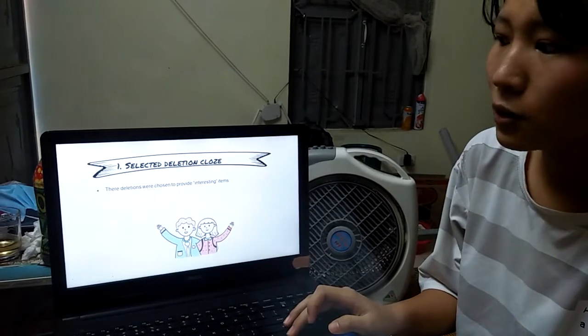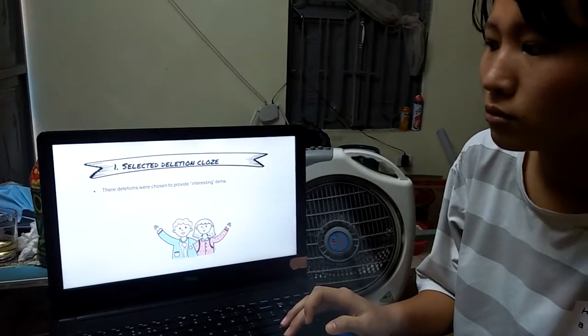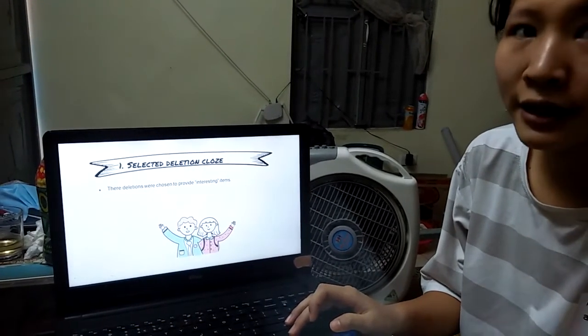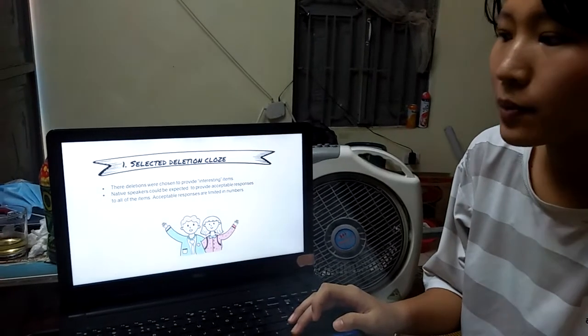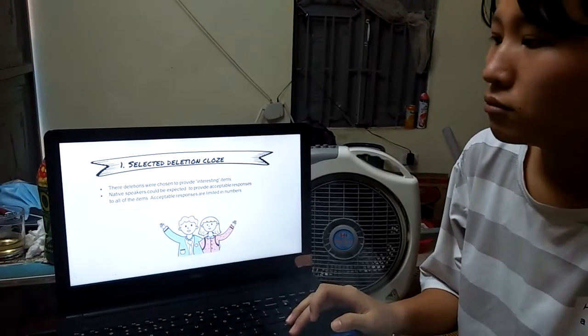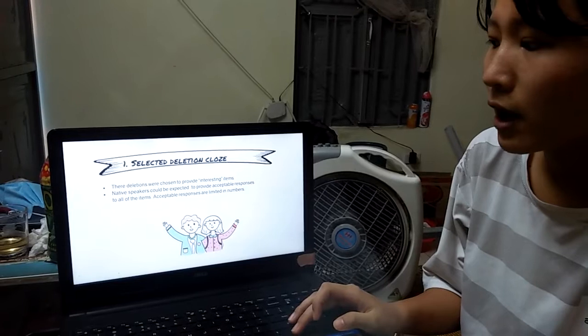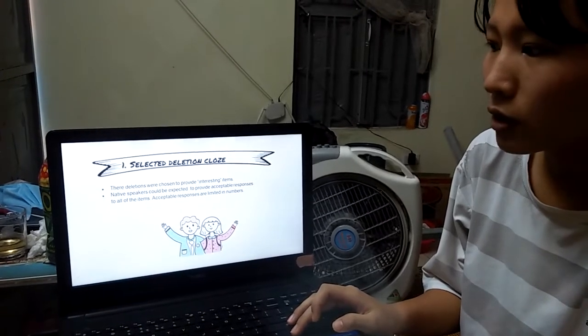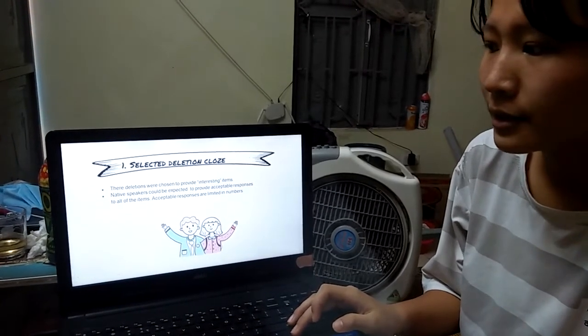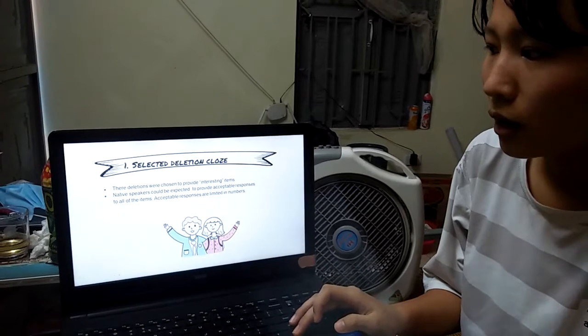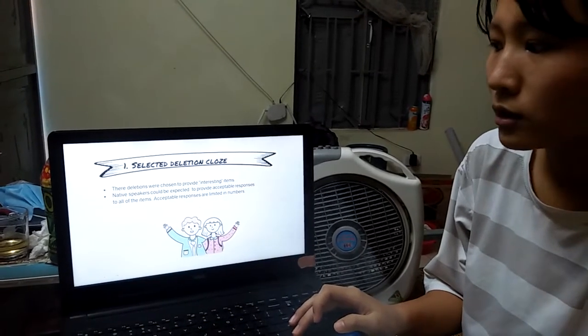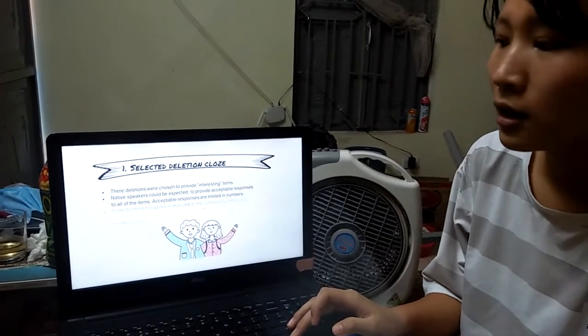The words were chosen to provide interesting items. A native speaker could be expected to provide acceptable responses to all the items. Acceptable responses are limited in number.